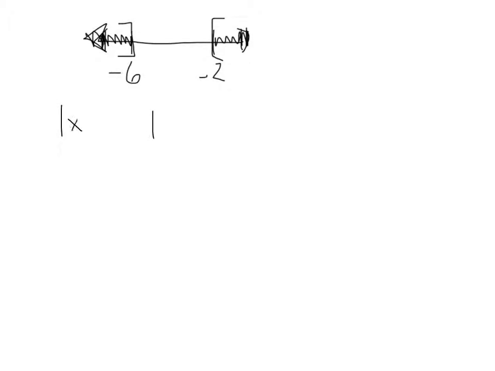Okay, so let's try. If I give you -6 and -2, and we have brackets facing out. First, absolute value of x minus, what do we put on the inside, Malik?